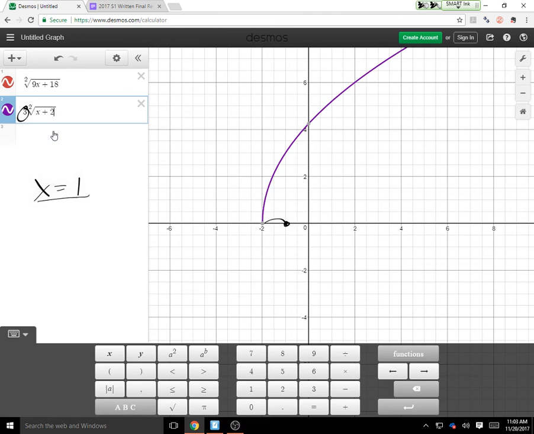So I moved 1 unit, but that 1 unit got stretched by how much? 3. So if I go up, 1, 2, 3. Look at that. I'm back on the graph. And that's how I know how slopey it is. Even though slopey is not a real term, people make sense of it.